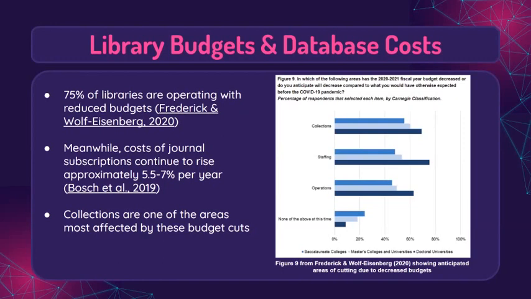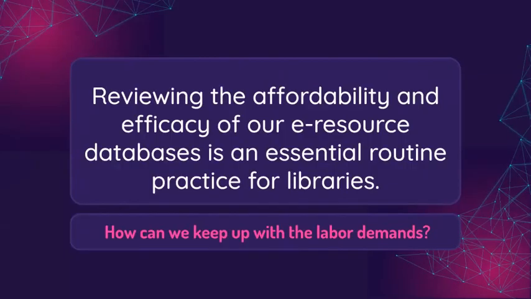So this brings us to the situation that I found myself in. And this is just an example of how continually revising the affordability and efficacy of our databases is an essential practice that librarians and library workers will have to continue operating.